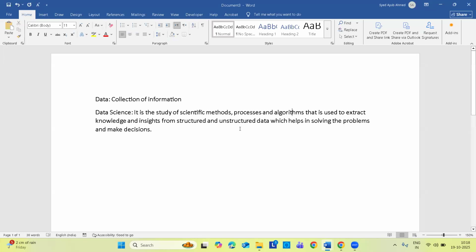Unstructured data is nothing but which is not organized.